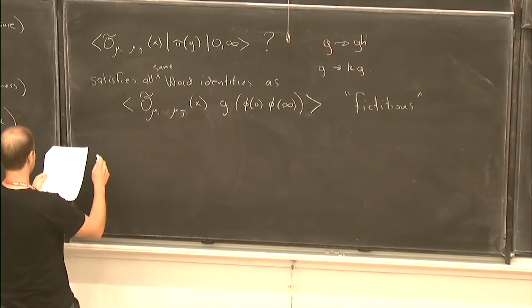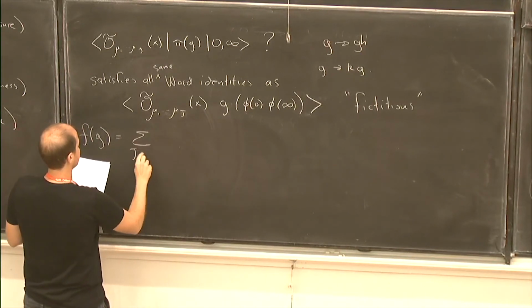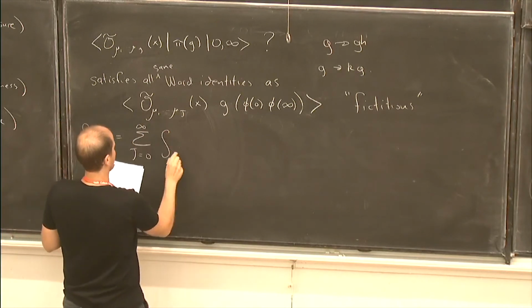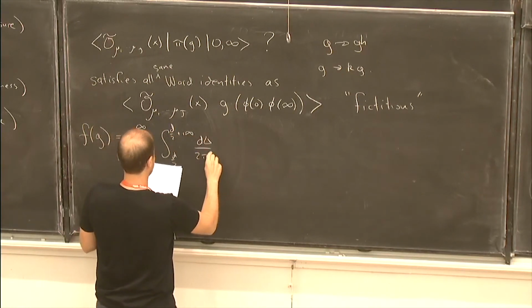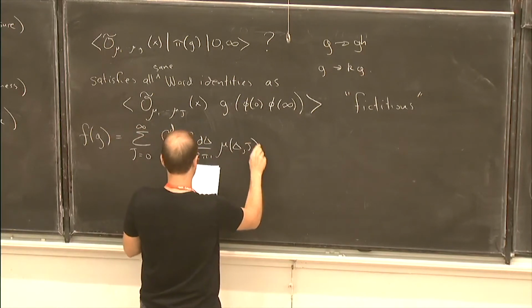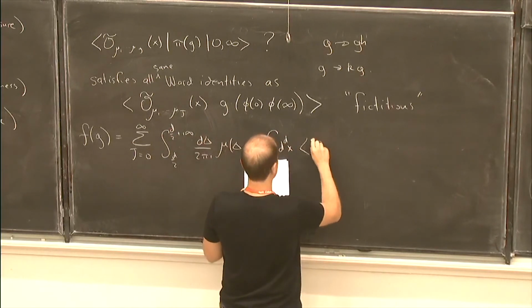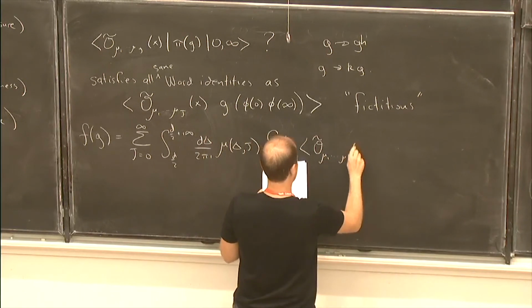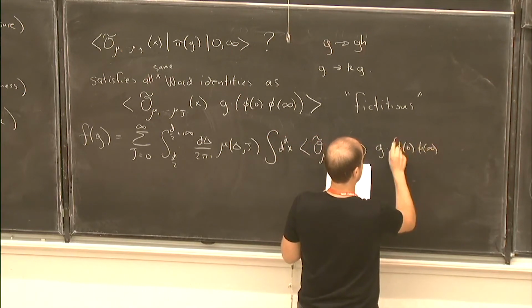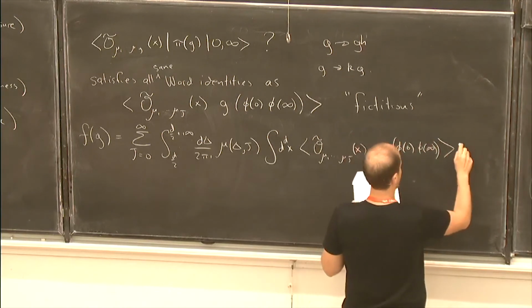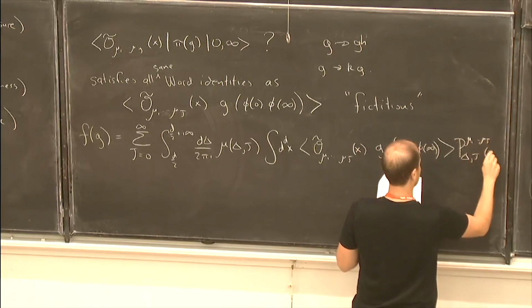Okay, so let's finally write the consequence of the Plancherel theorem. It says that our function f of g is the sum from j equals 0 to infinity, integral over the principal series, d delta over 2 pi i, mu of delta j, integral dx of this matrix element times p mu1 through mu j delta j of x.